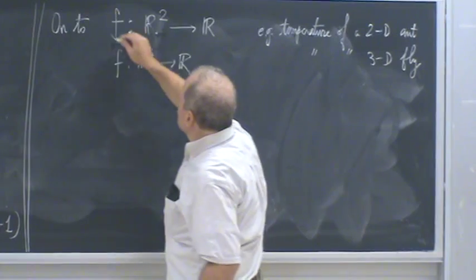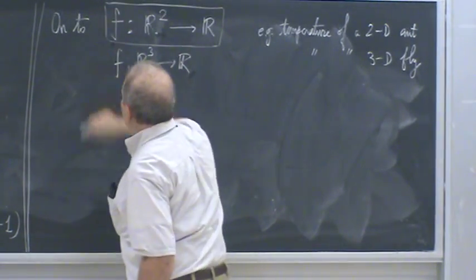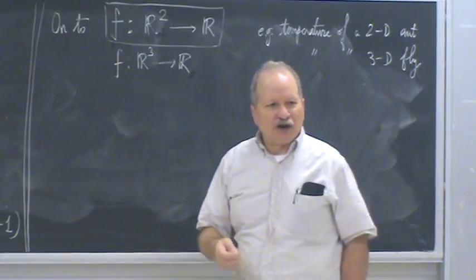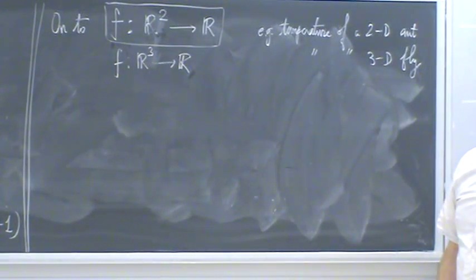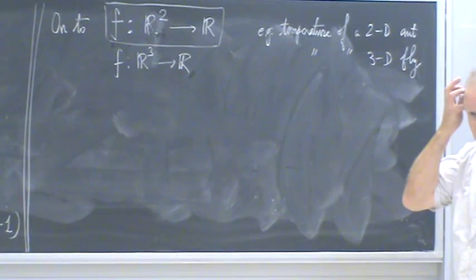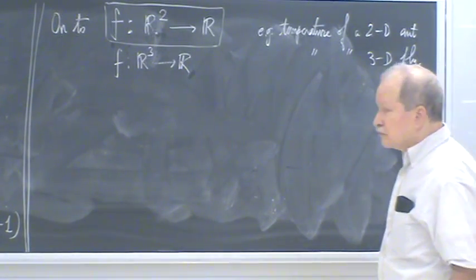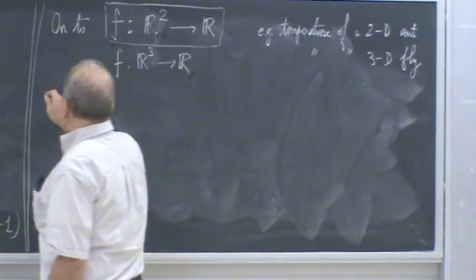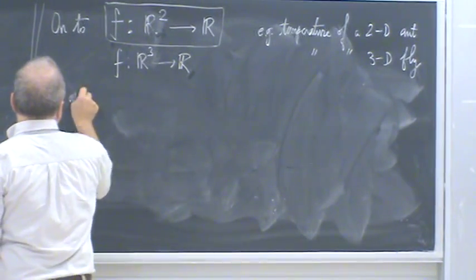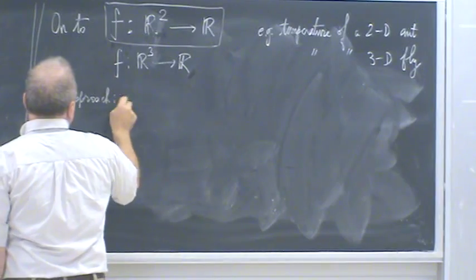So how should we visualize functions of two variables? Well, if you're transferring it to R, you could see it as a 3D graph. Good. So one approach would be to look at the graph.